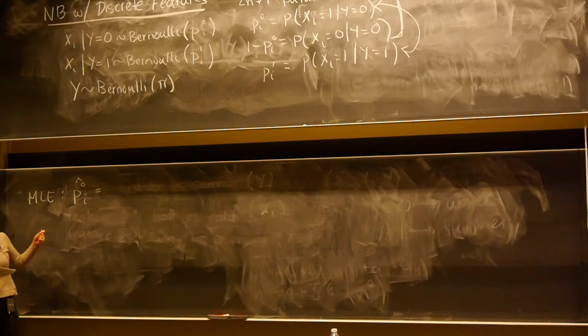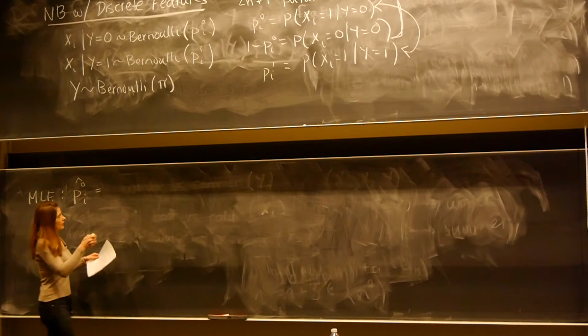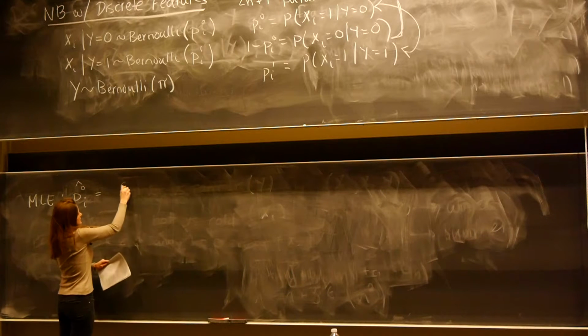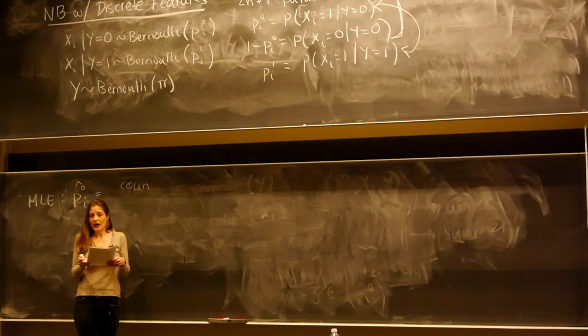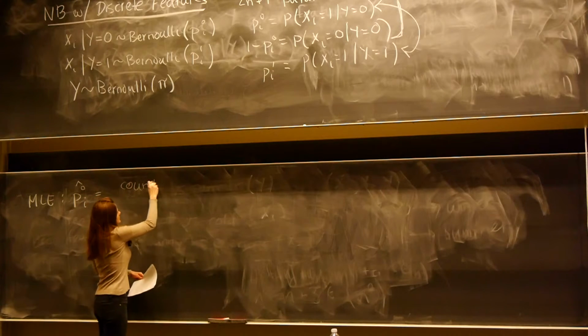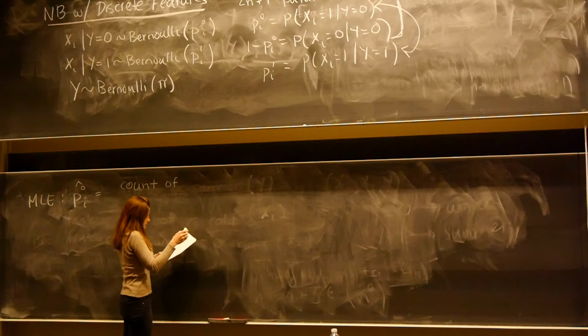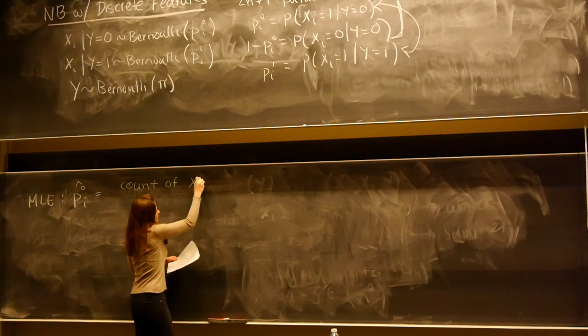The only difference here is that we're calculating the MLE of a conditional distribution, because this is the distribution of xi given y equals 0, and p is the parameter for that distribution. So we're going to restrict ourselves to looking at the examples where y equals 0.